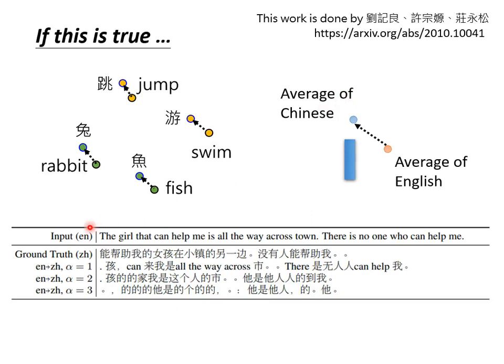For example, you show Bert this Chinese sentence: Nang bang ju wo de xiao nu hai zai xiao zhen de ling yi bian. Mei ren nang bang ju wo. Now we throw this sentence into multilingual Bert. Then we take out one of the multilingual Bert layers. It does not need to be the last layer. It can be any layer. We take out a certain layer and give it an embedding, plus this blue vector.